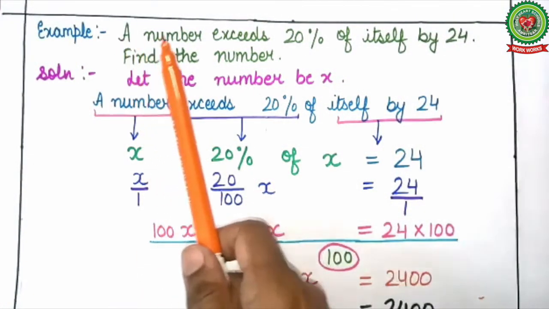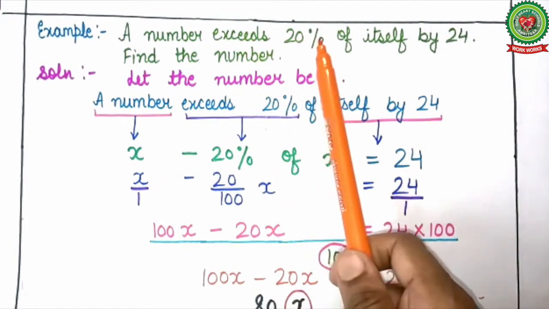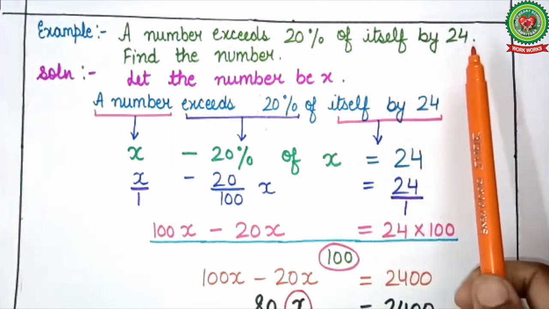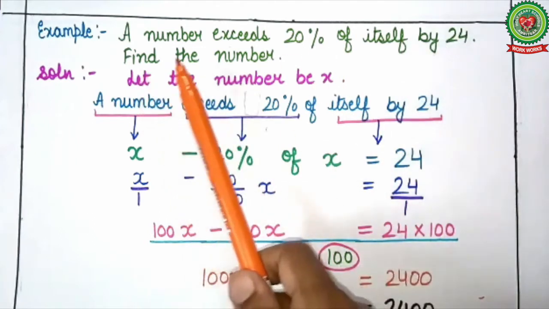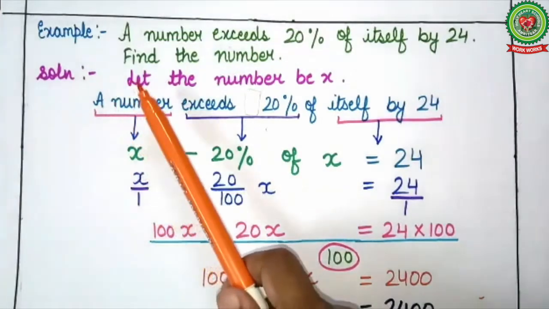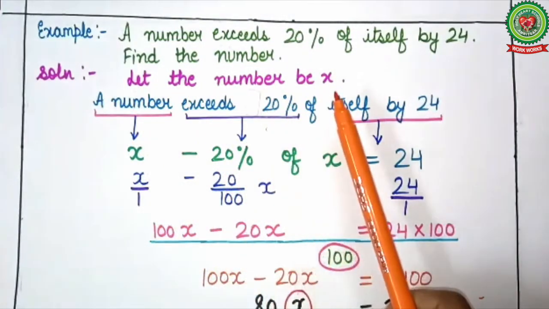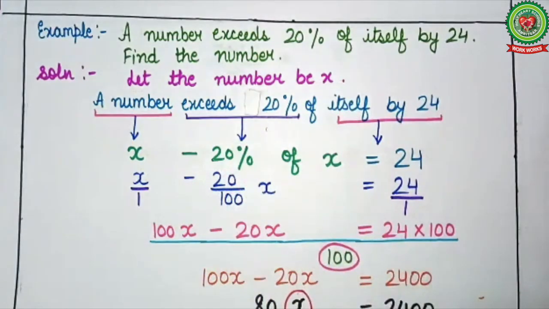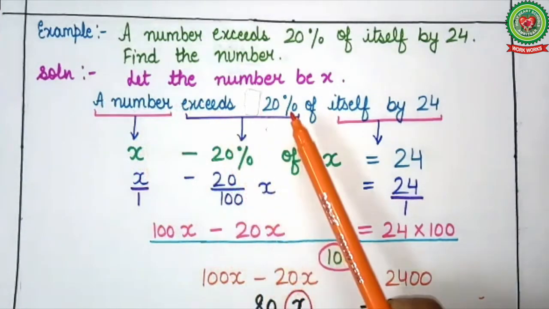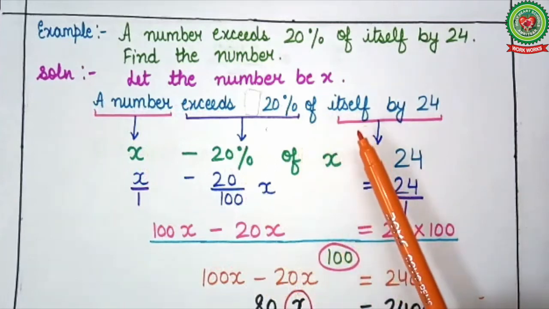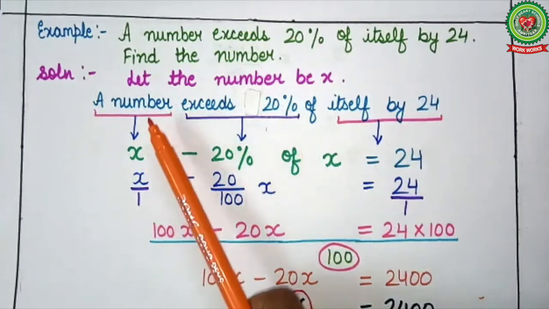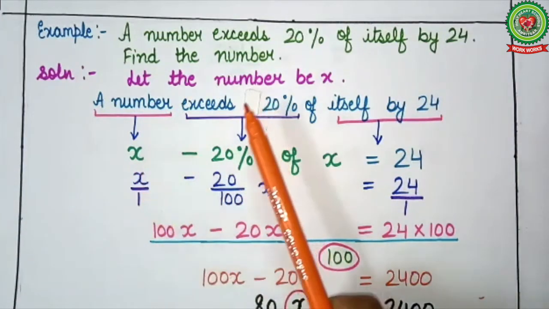Here, a number exceeds 20% of itself by 24. Find the number. Here, first step, let the number be x. Now, reading of the statement. A number exceeds 20% of itself by 24. Here a number means x.